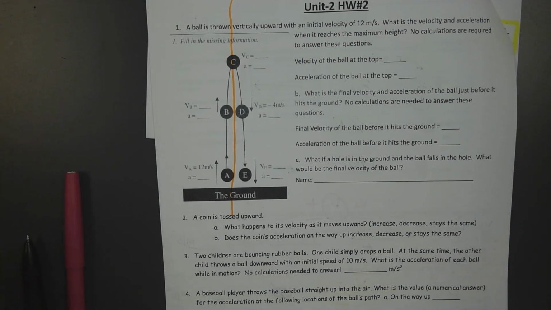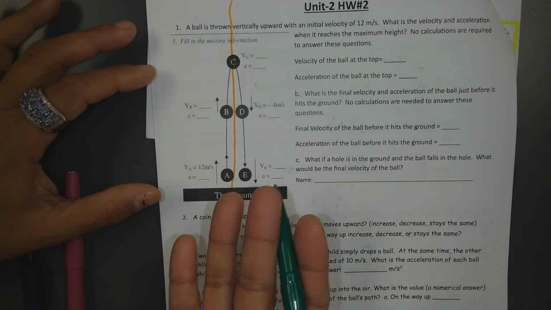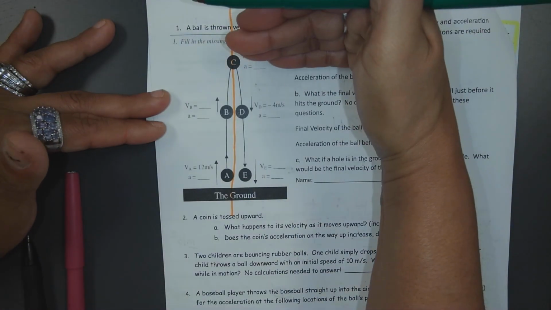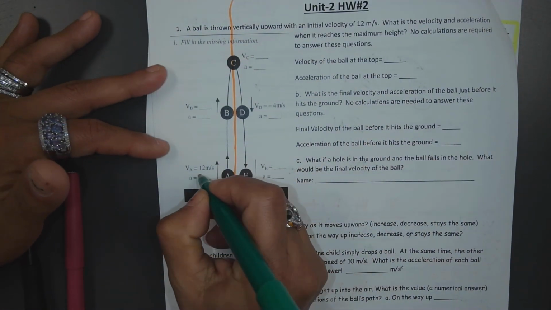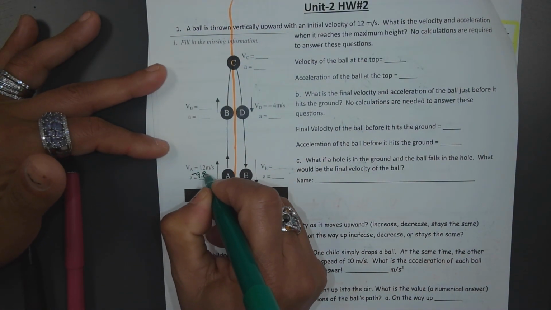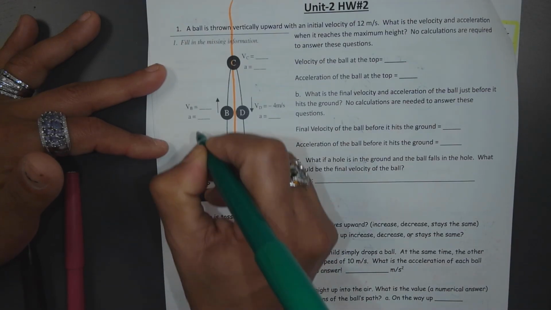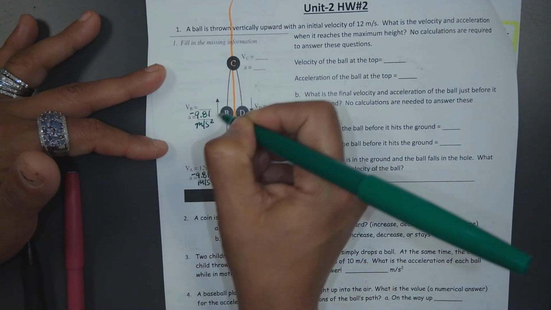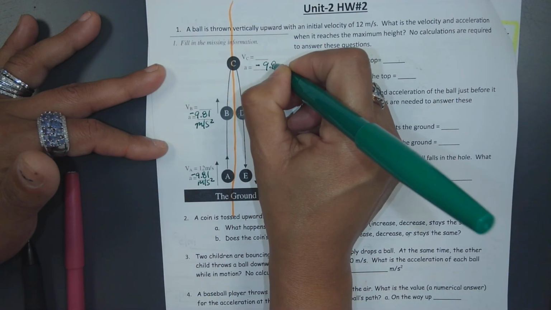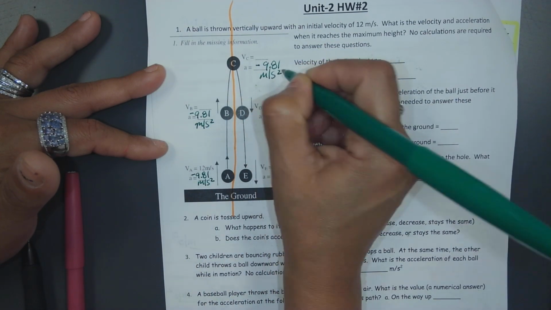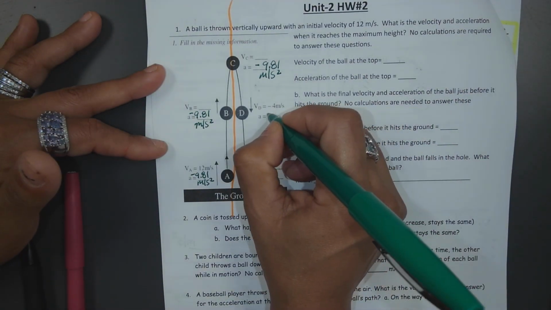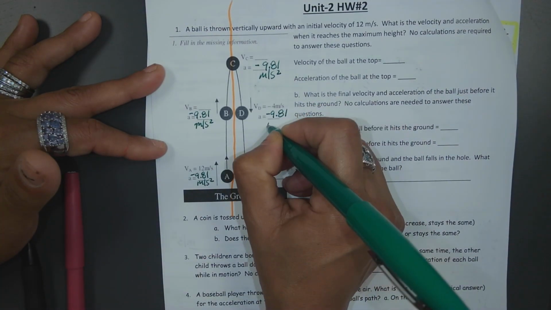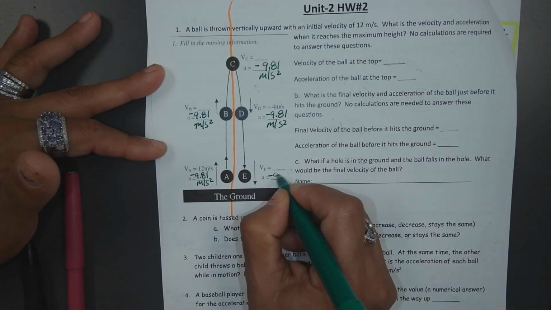It doesn't matter if it's going up, at the top, or coming down, the acceleration is negative 9.81 meters per second squared. Yes, I'm adding my SI unit, and yes, I'm adding a negative.